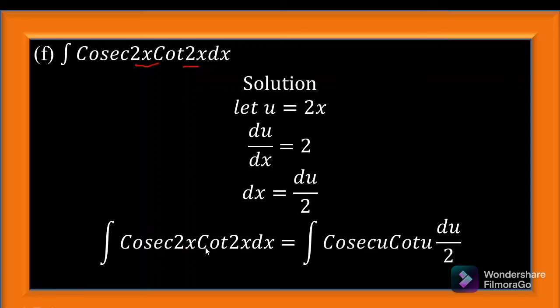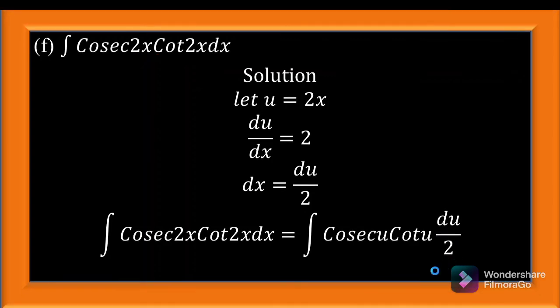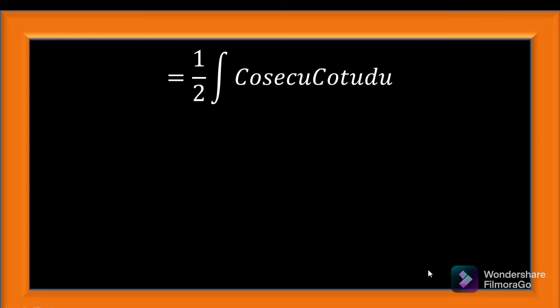I have again made the substitution of 2x as u, and dx, I've called it du out of 2. So a half can again come out, and we can have a half integral of cosec u cot u with respect to u. When you integrate this, we expect to get negative cosec of u. So it means we shall have negative a half cosec of u plus a constant.